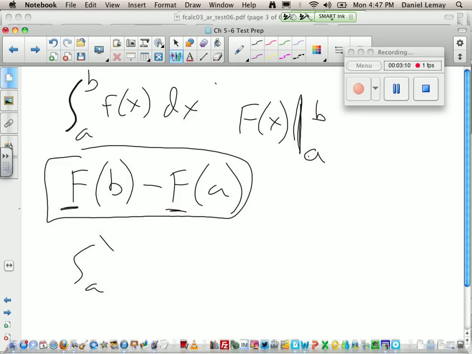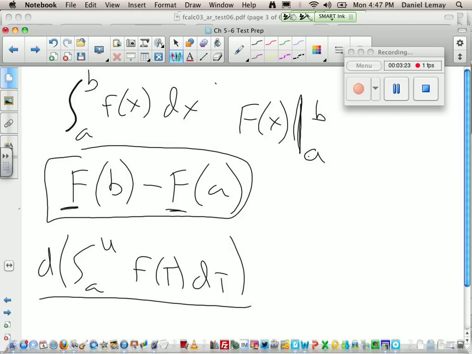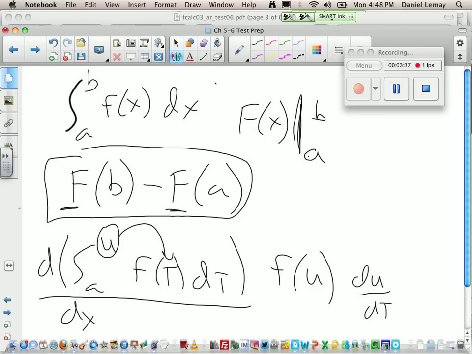Okay, the other part of the fundamental theorem of calculus. Actually, I'm going to replace this with u. So f of t dt, if you take the derivative of this integral, you replace the variable there, so that would become f of u, and then you take the derivative of that, so du dx.